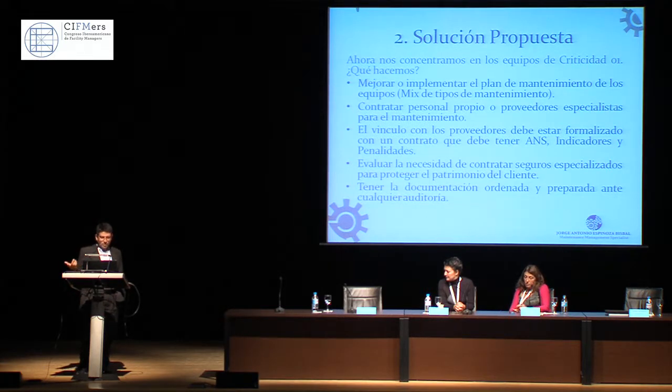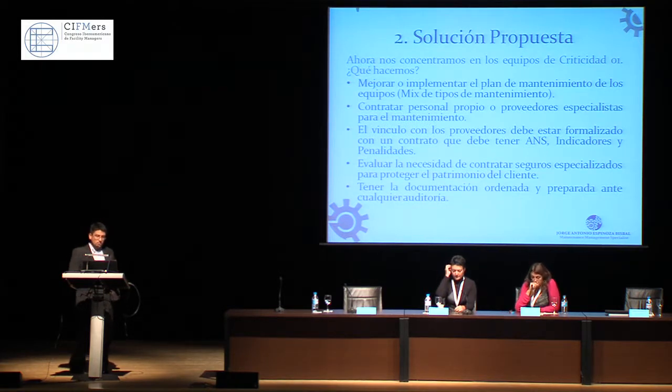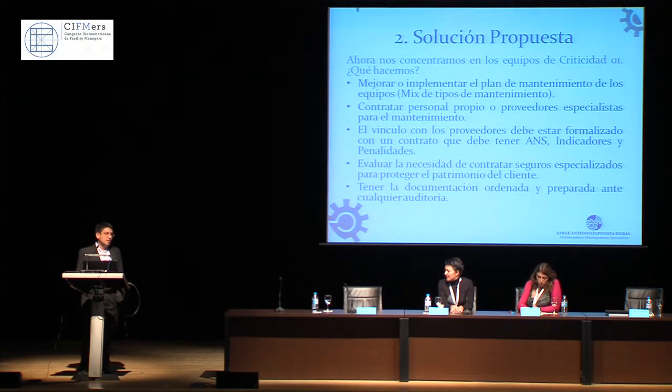What we're using a lot lately is having a maintenance contract where the provider that's providing the service has everything, indicators and everything, clear, so that the contract is respected 100%. And we also have high accountability for the contracts.